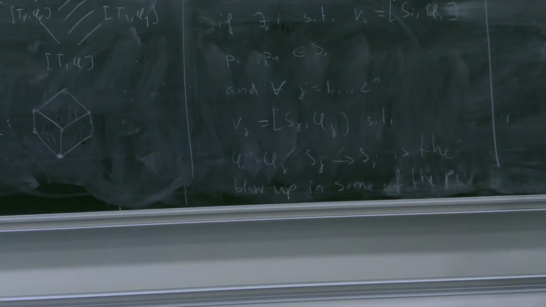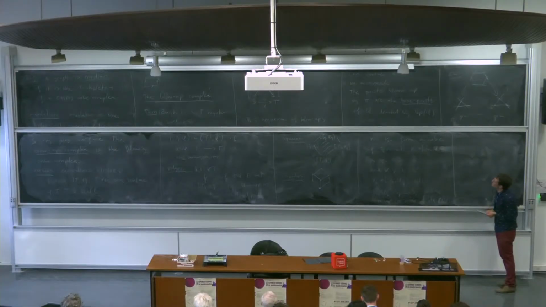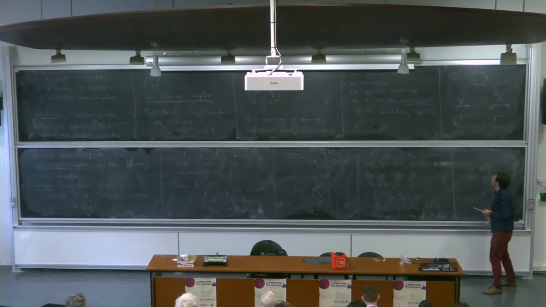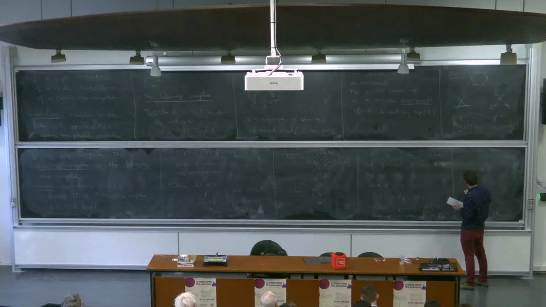Okay, before I erase this one, let's just make a picture. How does it look, for example, if we take this resolution here of this sigma? We start with P2, identity, right?